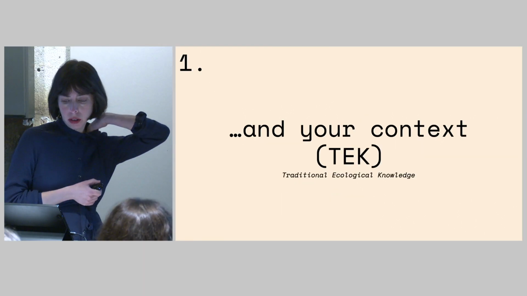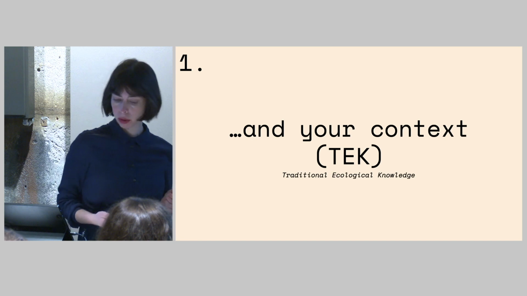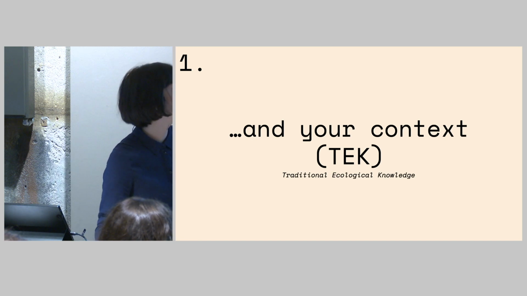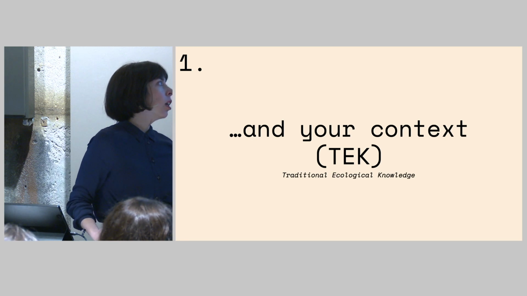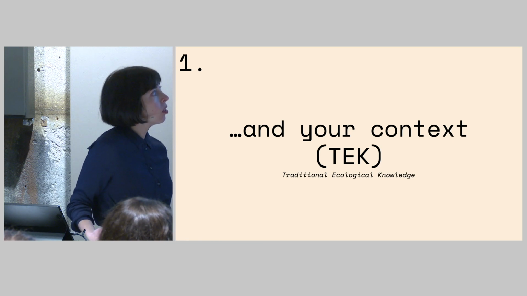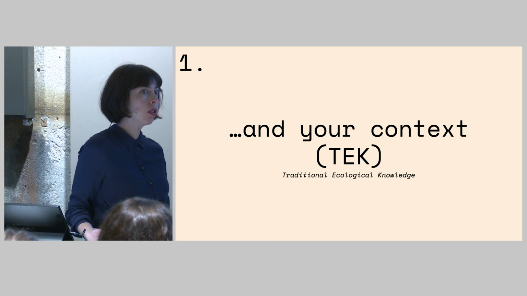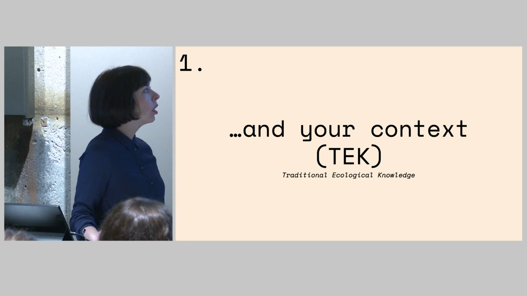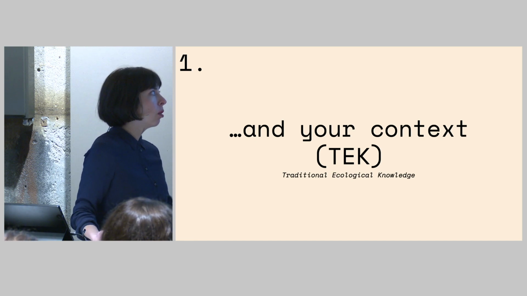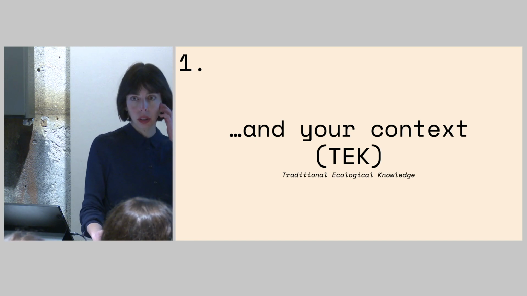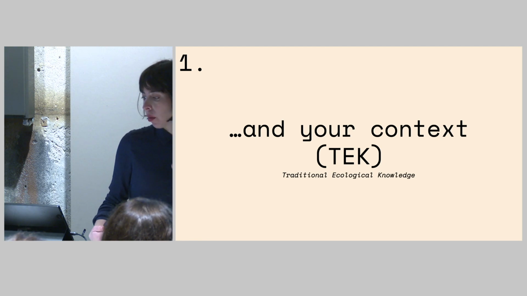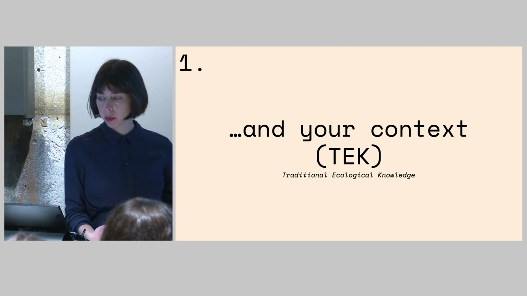Something we have done, for example, in the school where we taught last year: one course called Constructive Logic, Earth Matters, and another called Constructive Logic, Wasted. We were looking very much at what we call TEK, traditional ecological knowledge, really looking back at what has been done on site.